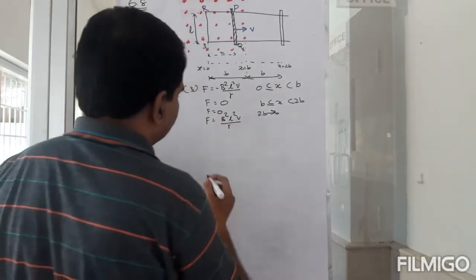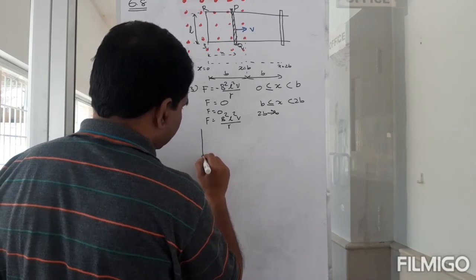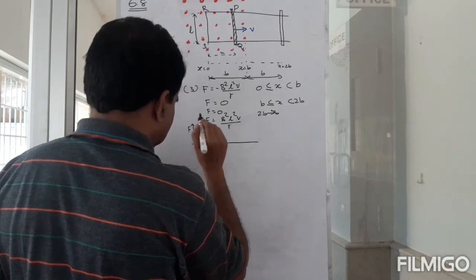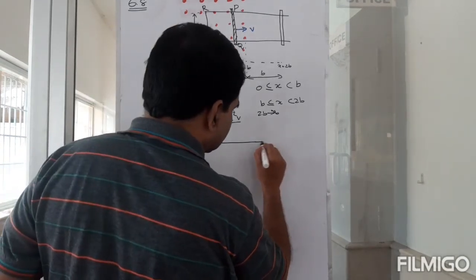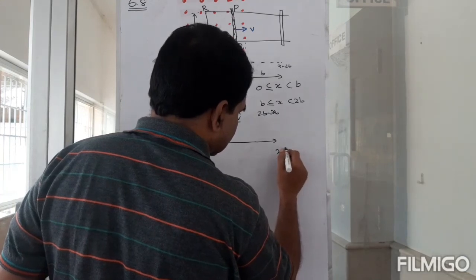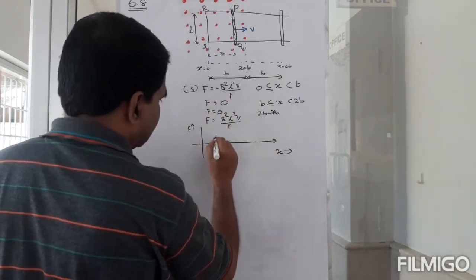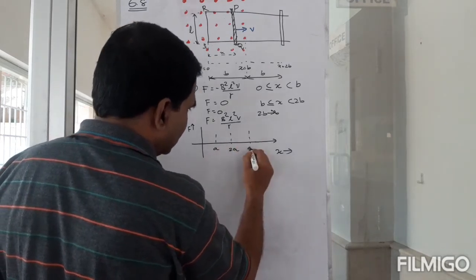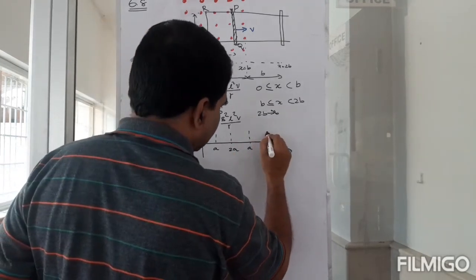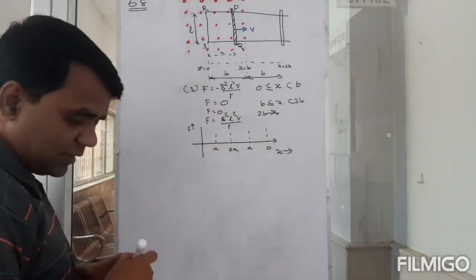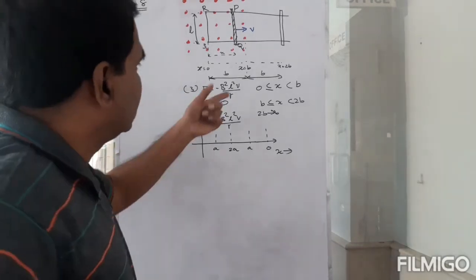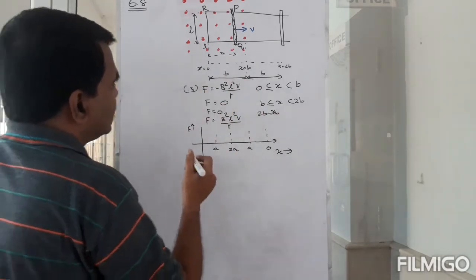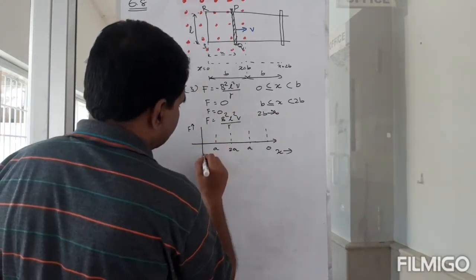And if you were to draw the graph, then it will be like this. This is force, and this is x direction. Let's say it's A, it's 2A, from 2A to A, coming back now, and A to 0. So this is how it is, right? So in that case, this is a constant. B squared, L squared, V and R are all constants. But then you are going to have a negative.